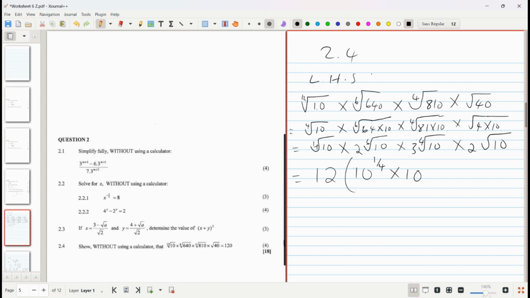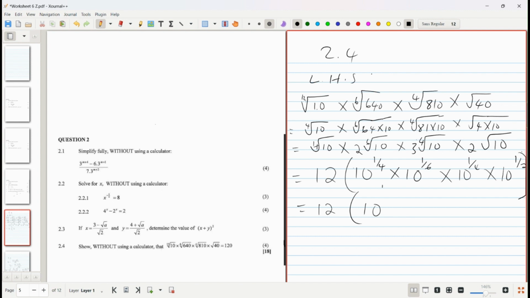The sixth root can be written as to the power 1 divided by 6. And then this one can be written as 10 to the power 1 divided by 4. And then the last one is 10 to the power half, that's the square root. So we apply the exponent laws. When we multiply numbers of the same base, we add the exponents.